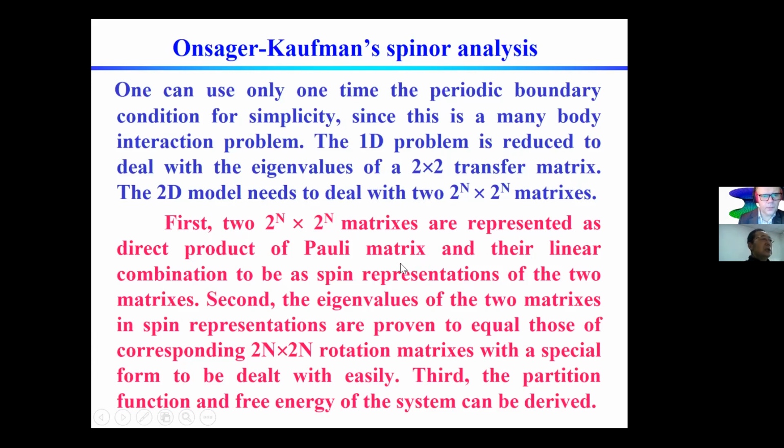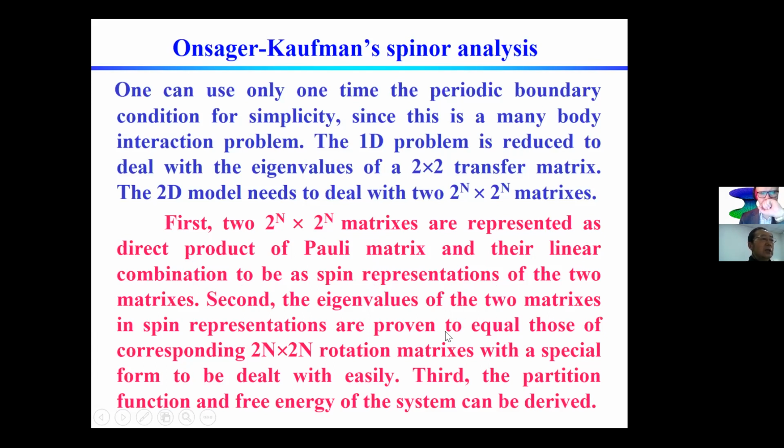First, these transfer matrices are represented as direct products of Pauli matrices and their linear combinations, as a spinor representation of the matrices.